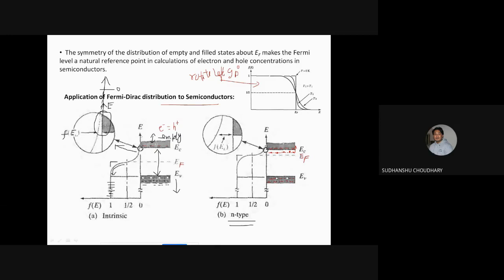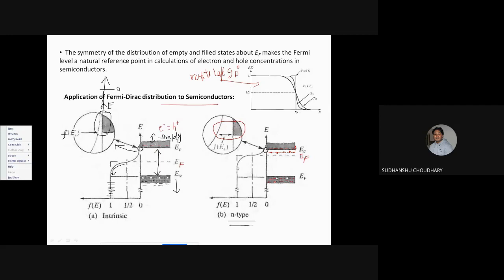You see that this region, the spacing of this region has increased in the conduction band compared to the spacing over here in the intrinsic semiconductor. So that means the Fermi distribution function now explains to me that the conduction band will have more electrons.